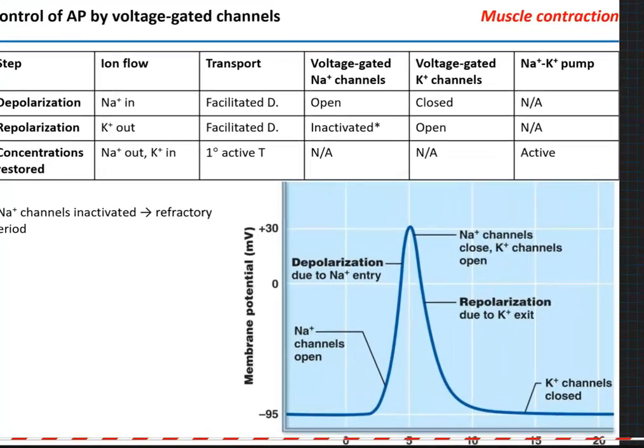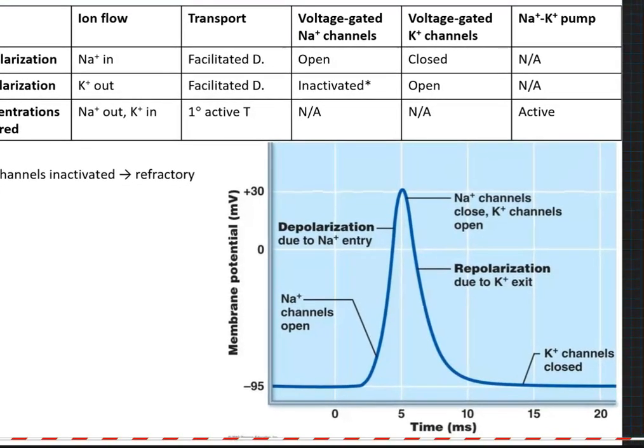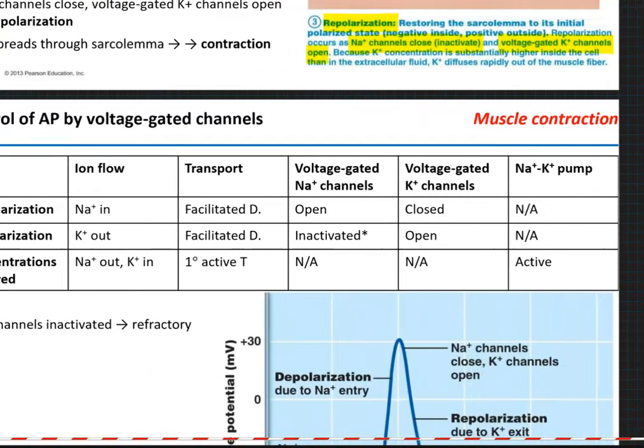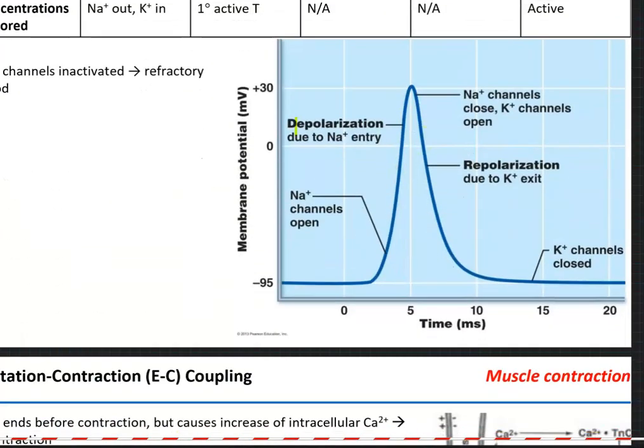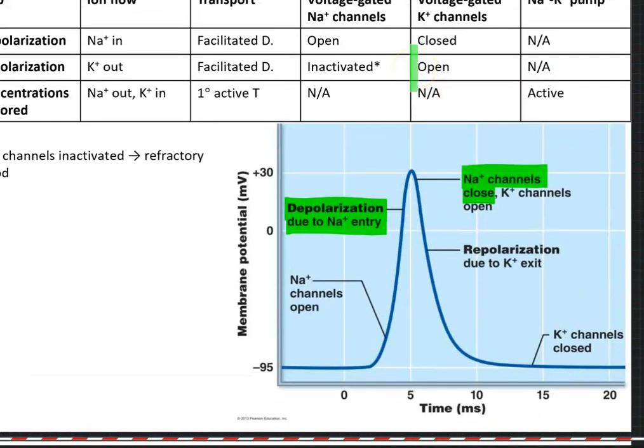To summarize what we have in this case, I'm going to focus on the graph. So depolarization is due to the entry of sodium through voltage-gated channels. At the peak, sodium channels close. Not just close, they are inactivated. Remember, they can't be opened by anything for some time.